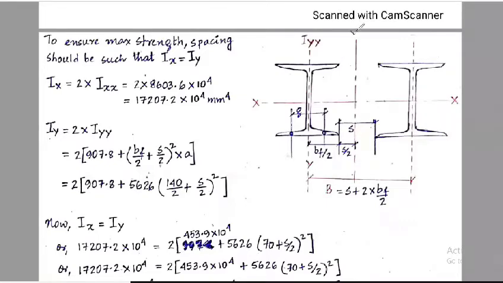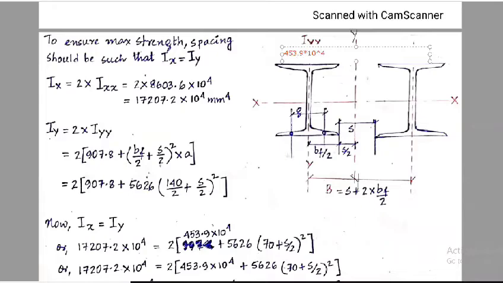This is the y axis of the built up column, but I know the moment of inertia of one I-beam about this axis. This is the centroid of my individual I-beam, and I know the moment of inertia about this axis. This was equal to 453.9 into 10 to the power 4.